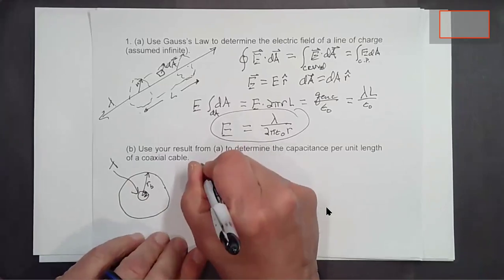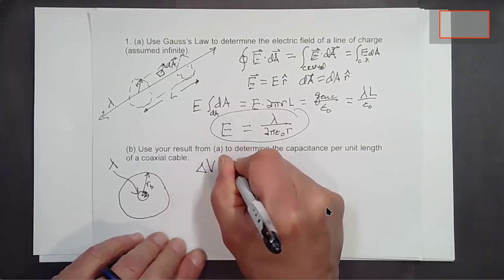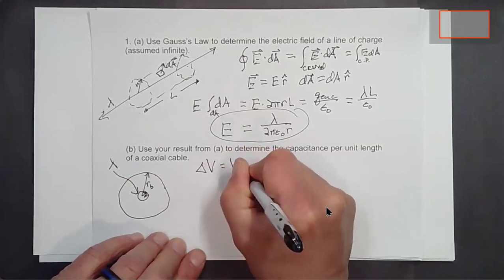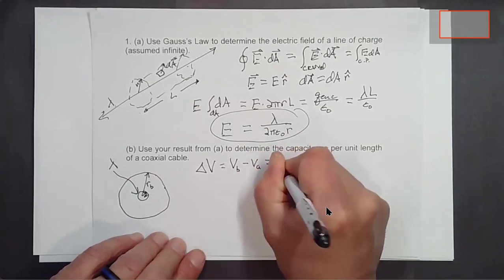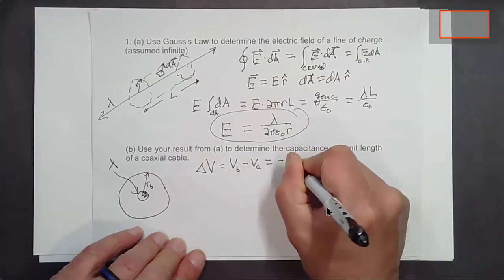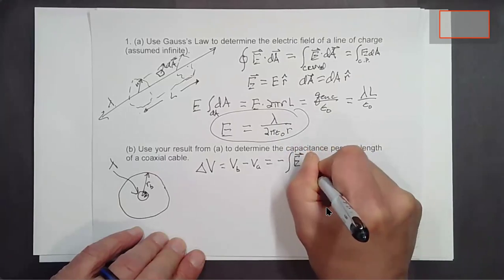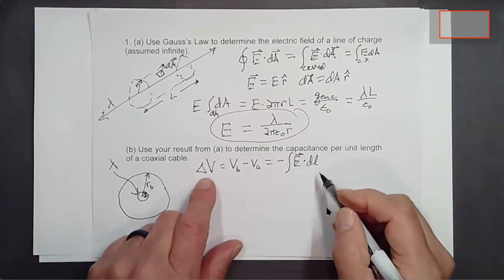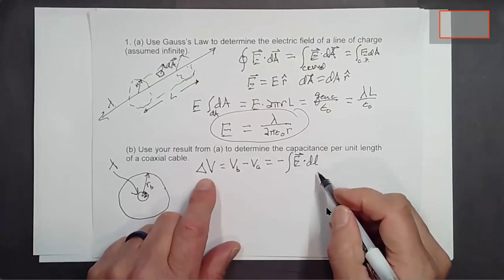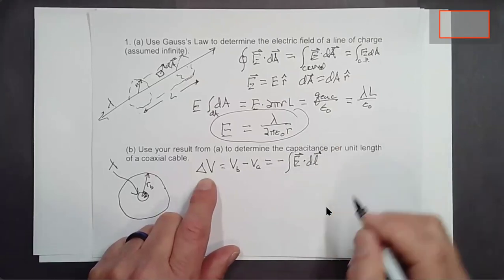And the potential difference between those two, which I can think of as V sub b minus V sub a, is going to be the negative of the integral of the electric field E dot dl. And I've used this expression a whole bunch since we started studying electric potential. Whoops, dl. L is a vector.